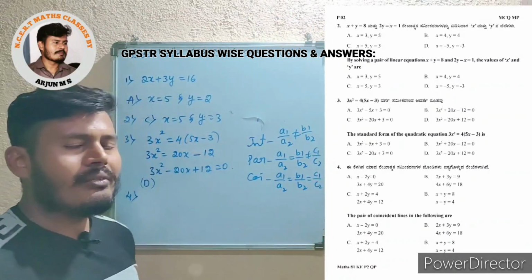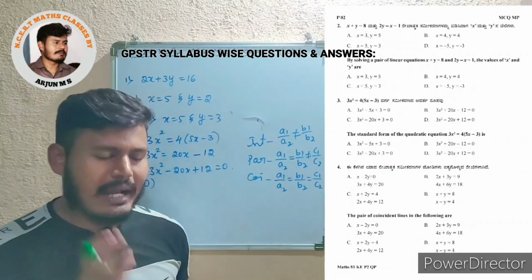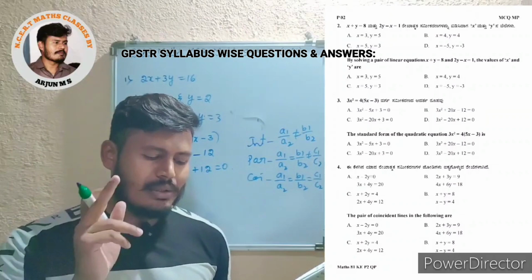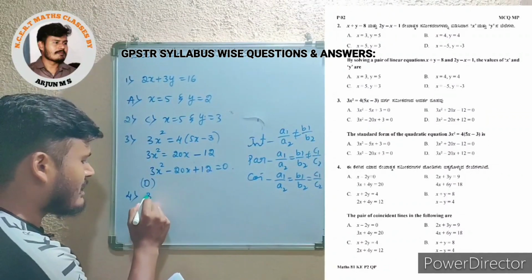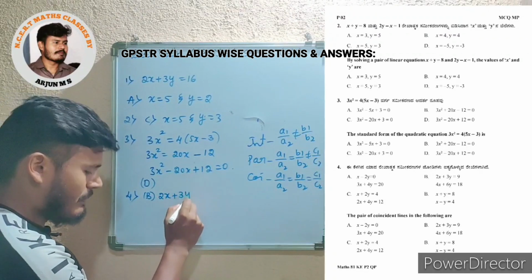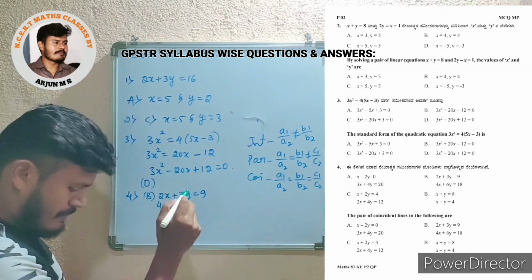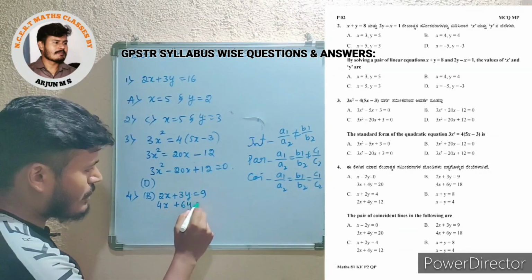According to this condition, we have to observe each and every equation given below, and here the correct answer is 2x plus 3y. Option B is correct. I will show you why option B is correct here. 2x plus 3y is equal to 9 and 4x plus 6y is equal to 18, right?